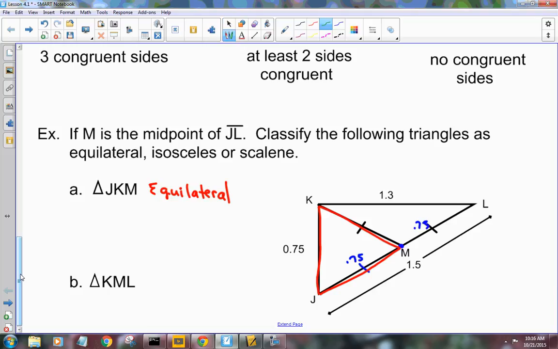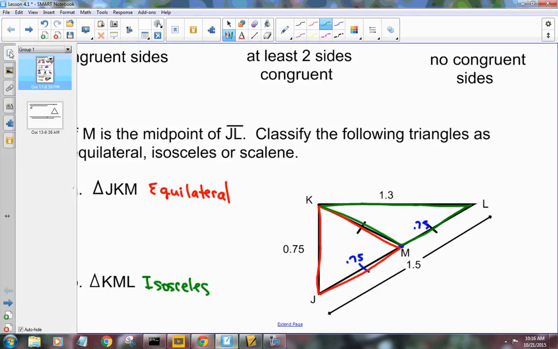And the other one was KML. What kind of triangle is that? Well, look right here. We've got two sides here that are congruent. So it would be isosceles. Now what if I ask you to classify this green triangle according to its angles? What would you call it? Obtuse. So really this is an obtuse isosceles triangle. But it just asks us to classify it according to the sides, so that's all we need.